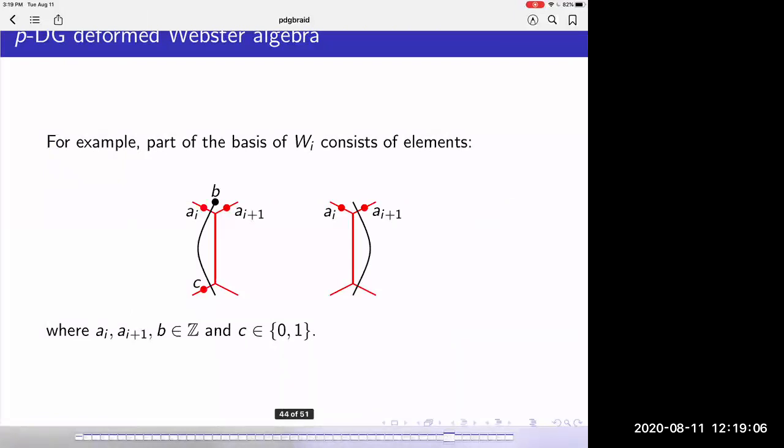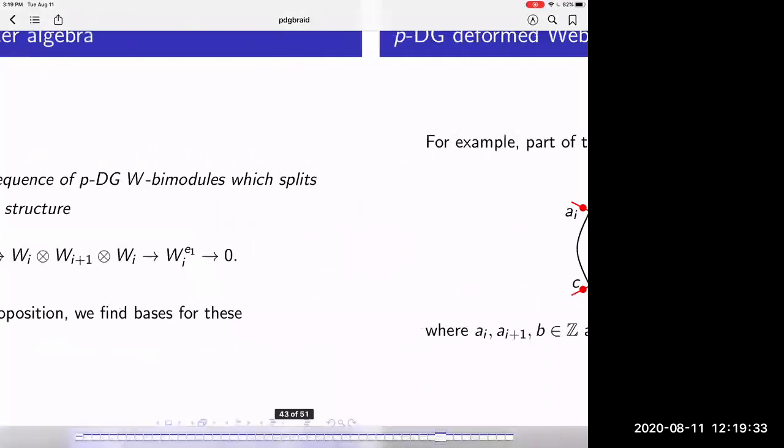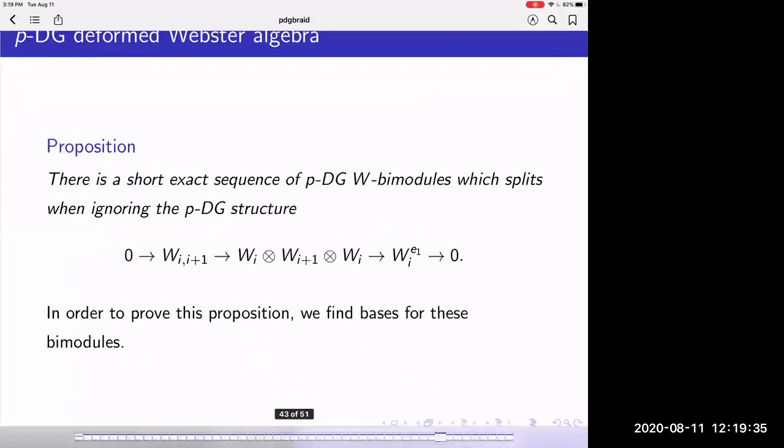If the black strand swings to the left, you can put either 0 or 1 dot on the bottom left, and you can put any number of dots on the black strand. On the other hand, if the black strand swings to the right, you're limited. You can only put red dots arbitrarily up top, and anything else will give you a linear combination of other elements. So one proceeds in a way like this to find bases for the other bimodules in this short exact sequence, and one does a dimension count to prove this is exact.